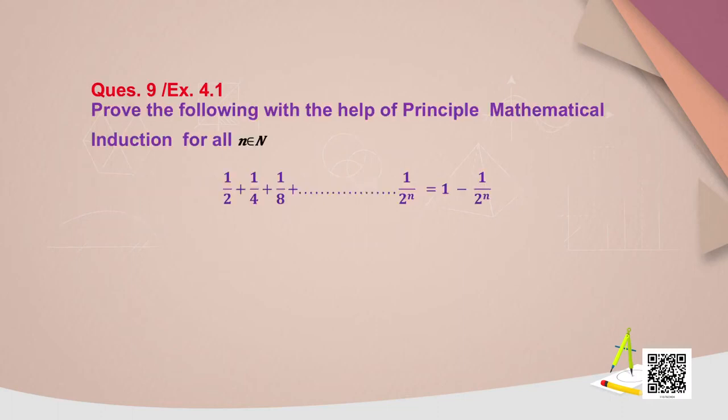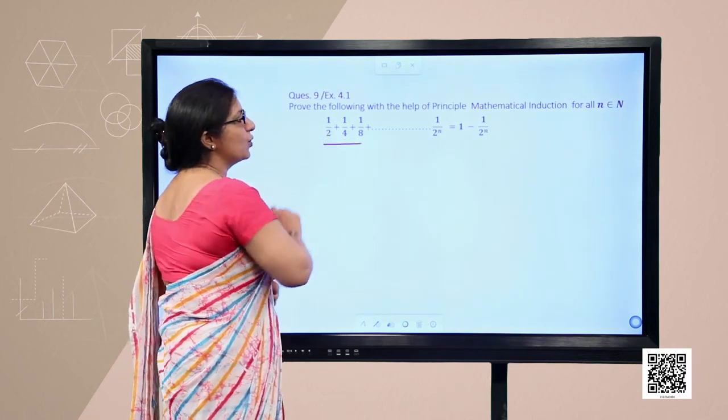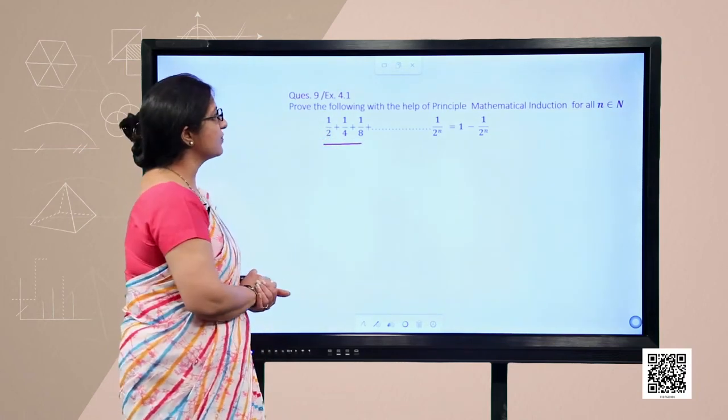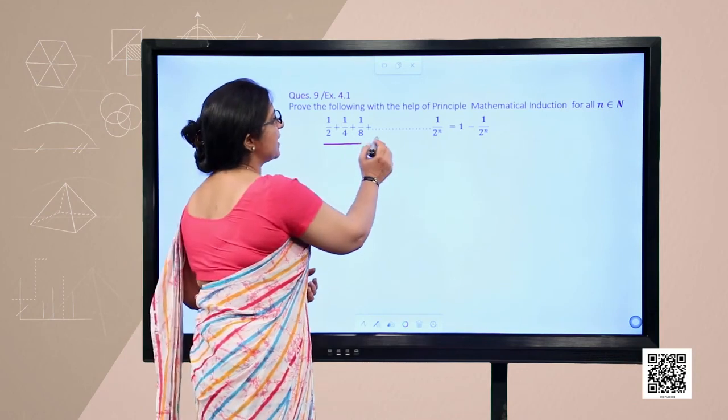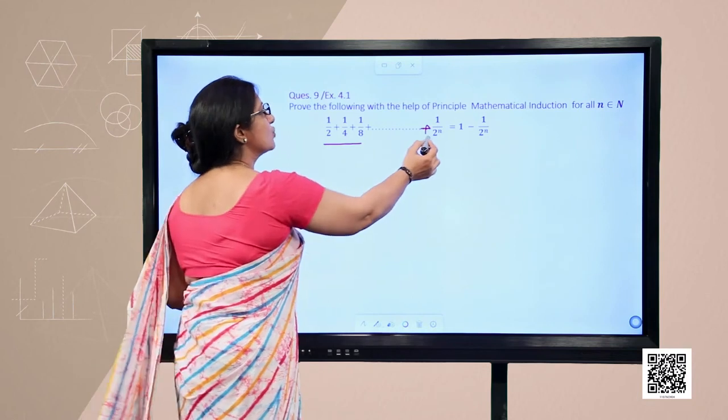This is question number 9 of your exercise 4.1. The question is, prove the following with the help of mathematical induction for all n belonging to natural numbers. What is the statement here? The statement is 1 upon 2 plus 1 upon 4 plus 1 upon 8 plus and so on up to 1 upon 2 to the power n. How do we reach 2 to the power n?